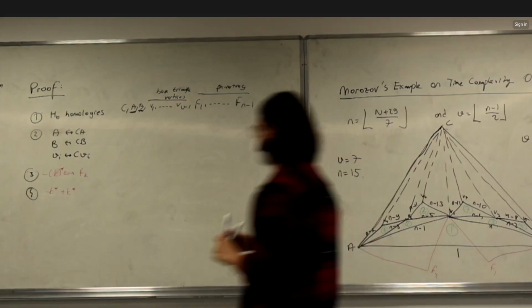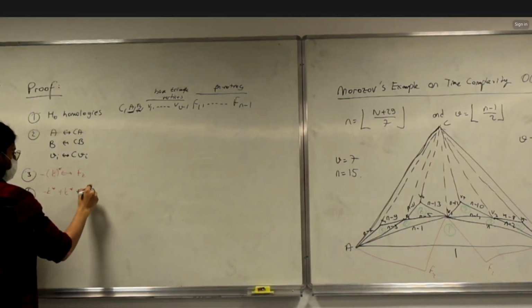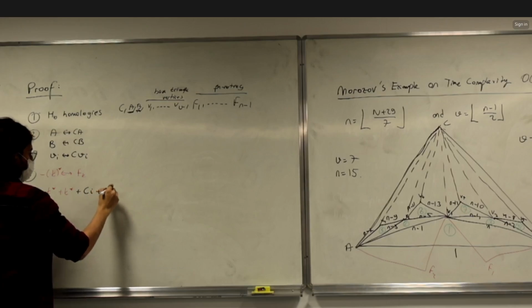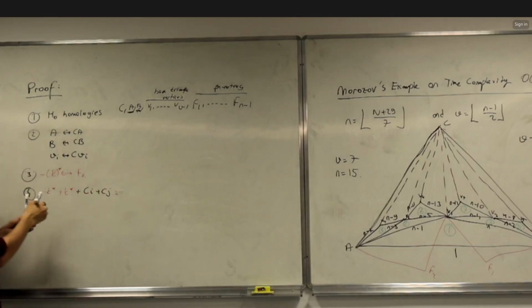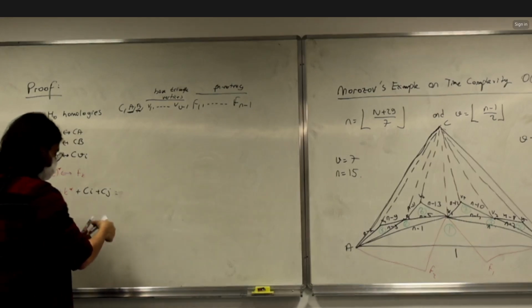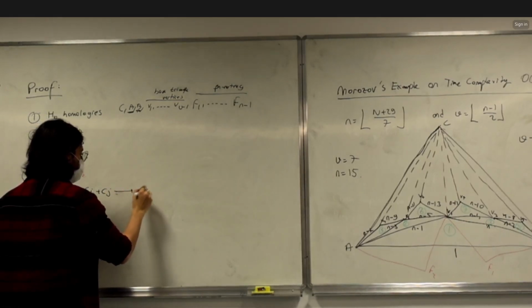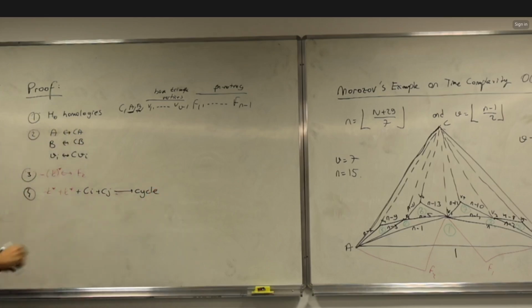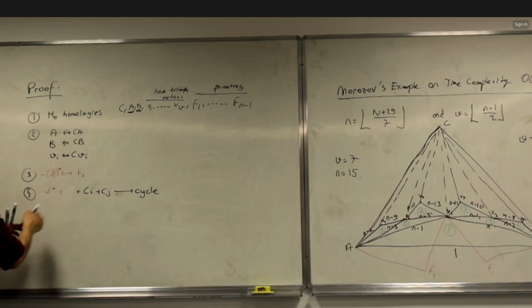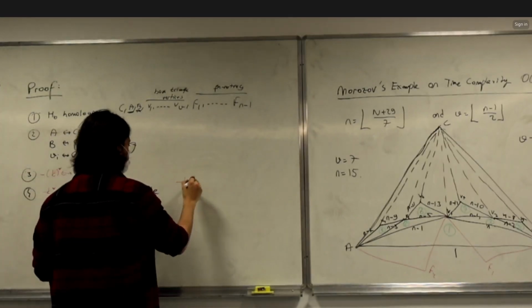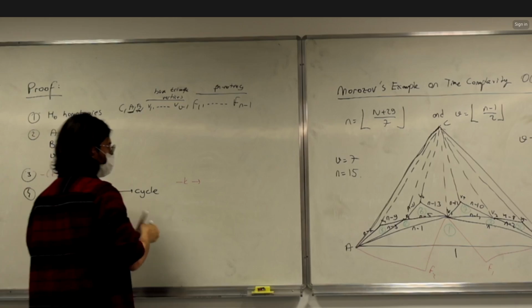I don't know which ones, Ci and Cj, I will say. The boundary of this is, now this is a cycle. So that means that adding the minus k here resulted in a birth of a homology.